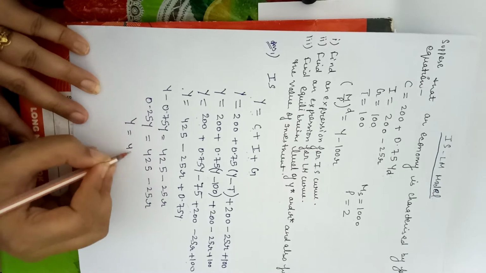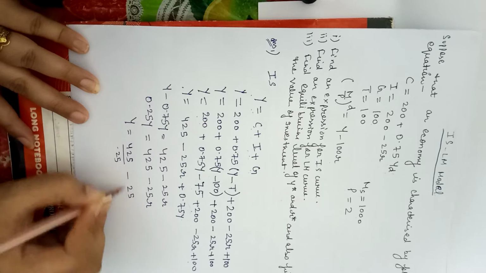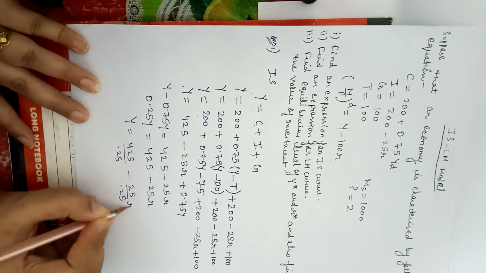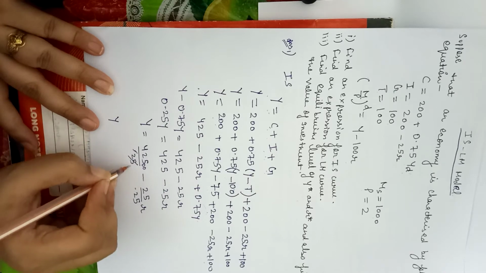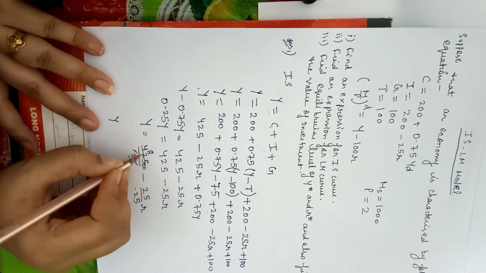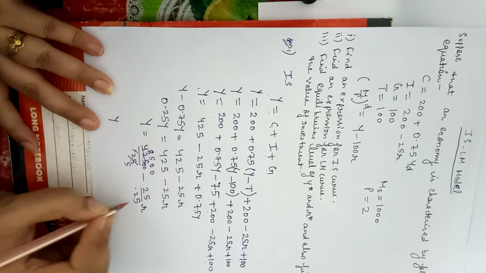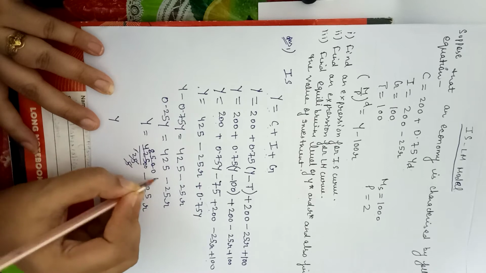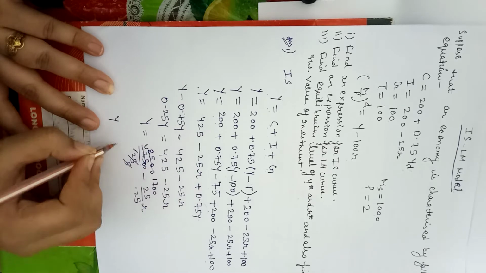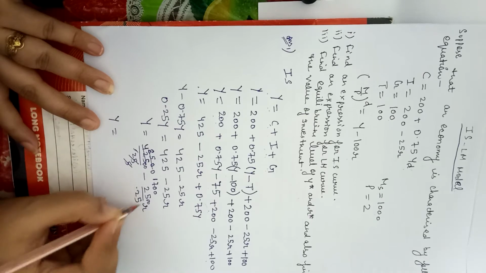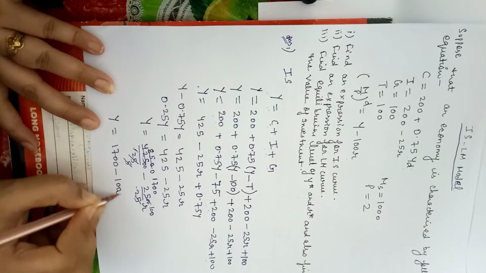Now if we simplify this, we will get 1700 minus 100r.